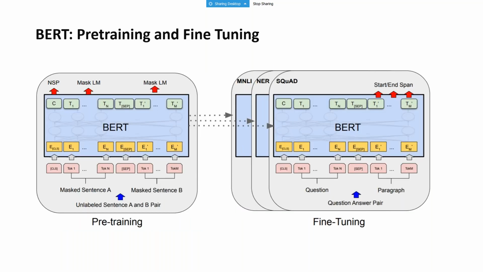This is just an image of the same thing, pre-training and fine-tuning. You see here there is a masked sentence A and masked sentence B. As I was showing before, the sentences were masked. You pass that sentence to the architecture, and with that you create a token with a separator, and that goes to the encoder and the transformer.